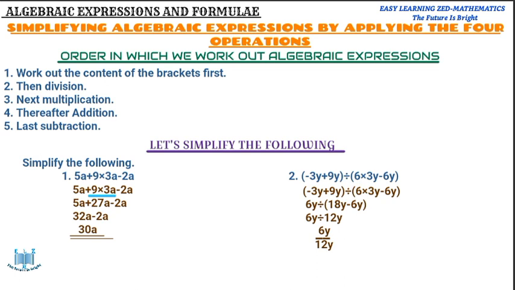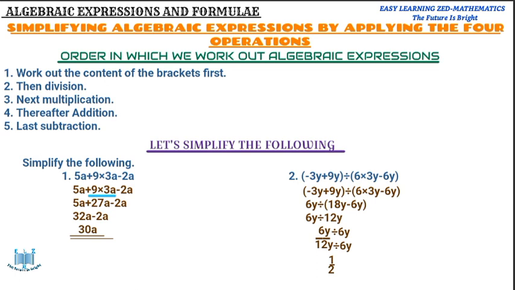So I'm going to divide both by 6y: 6y divided by 6y and 12y divided by 6y. 6y divided by 6y will give us 1, and 12y divided by 6y will give us 2. So we write 1 over 2 as the answer.